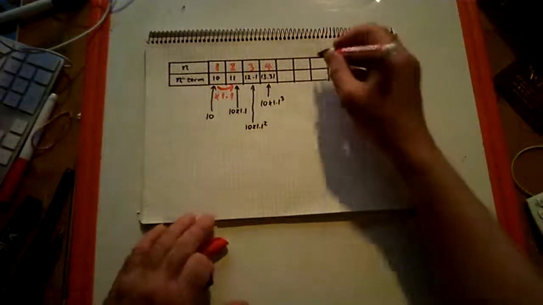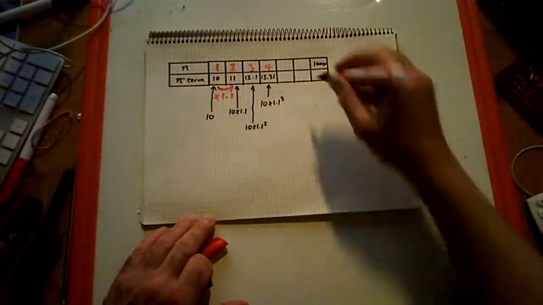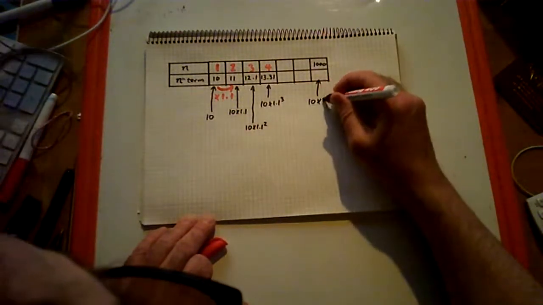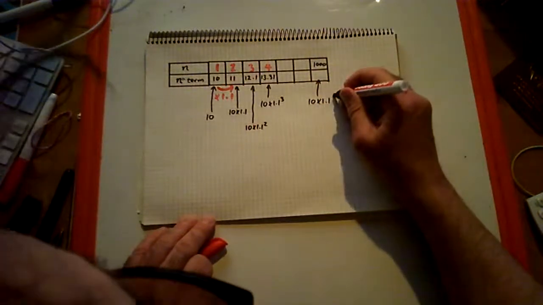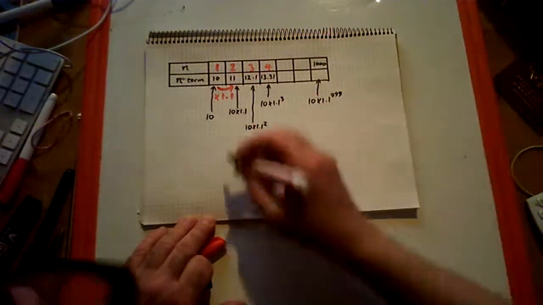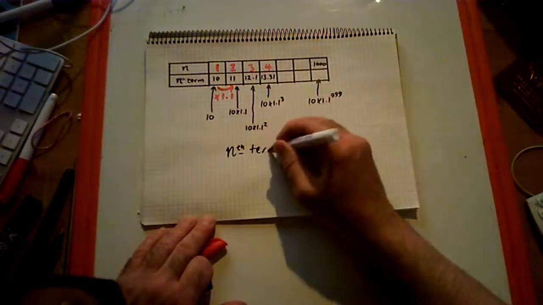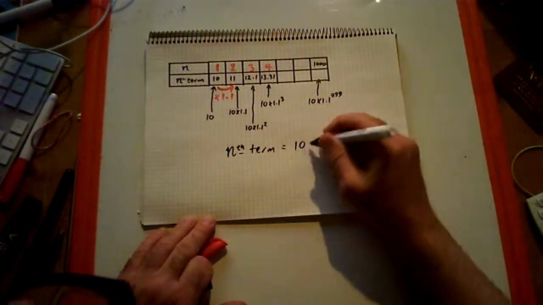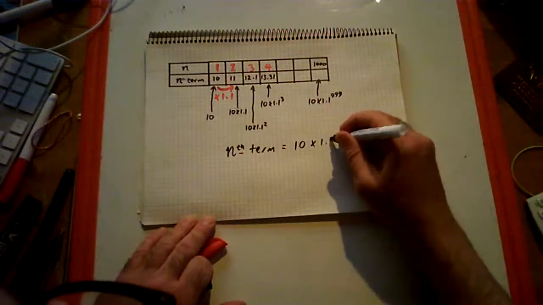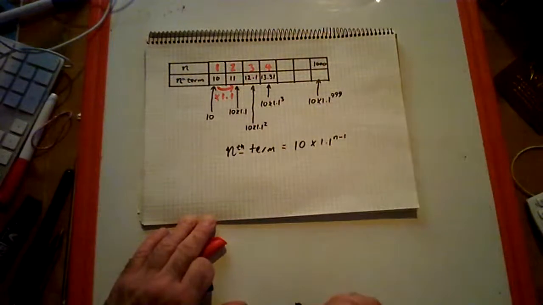So if I wanted, for example, the 1000th term this time, I could easily predict that it's going to be 10 times 1.1 to the power of 999. And I can generalize that to make a rule that in this case, the nth term is 10 times 1.1 to the power of n minus 1.